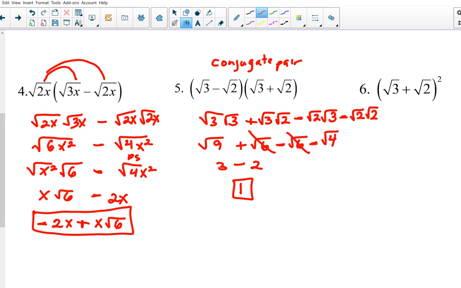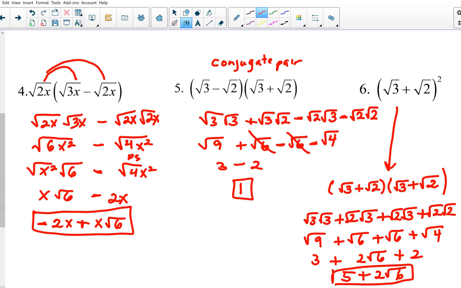For the last problem, number 6, I'd like you to put the video on pause a second and try the problem on your own. Notice how I separated out this term squared. So now I have two binomials and I FOILed it.